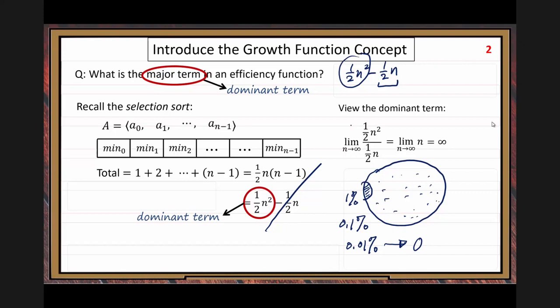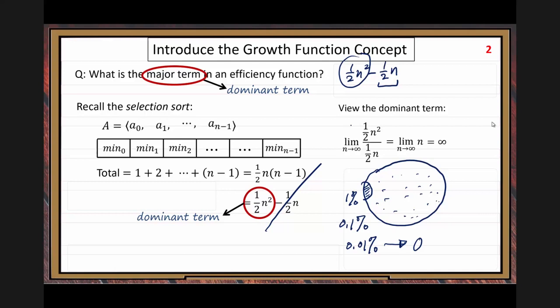That dominant, right? Then we don't have a question. We just make n very large. Sooner or later, the block occupied by the dominant term is close to 100%, 99 point several nines percent.